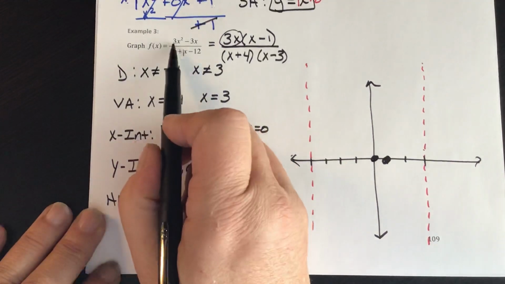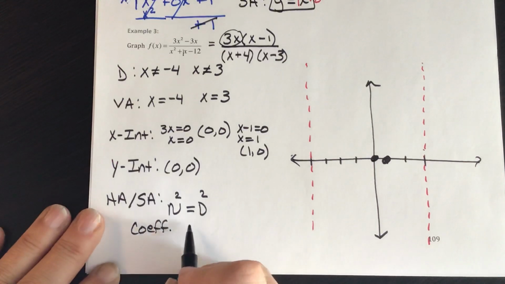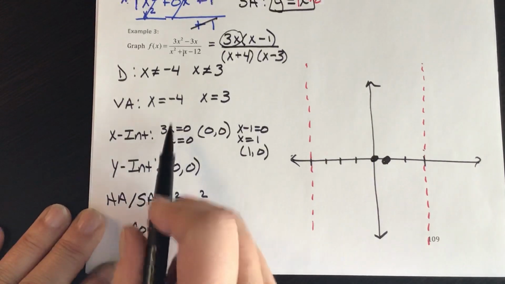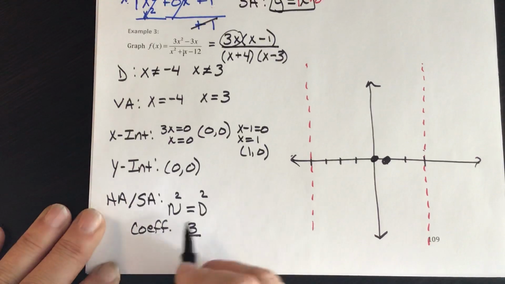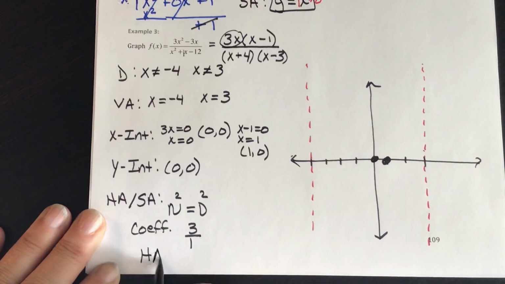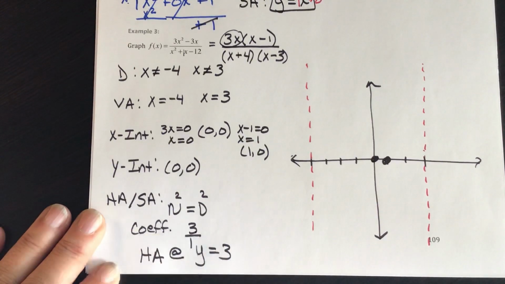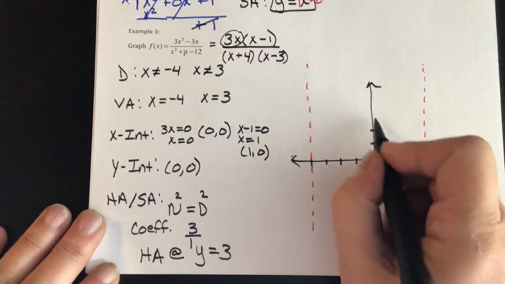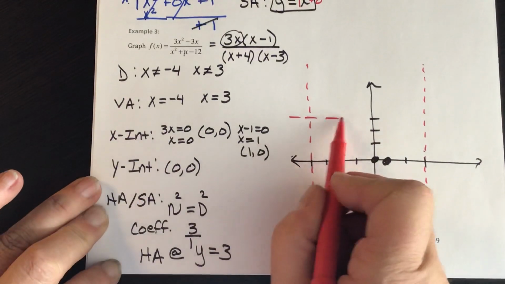The coefficient of the x squared in the numerator is 3, and the coefficient of x squared in the denominator is 1. I'm going to have a horizontal asymptote at the line y equals 3. Horizontal line at y equals 3. So 1, 2, 3, and a horizontal line there looks like this.